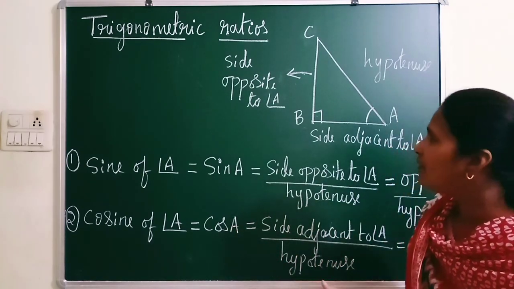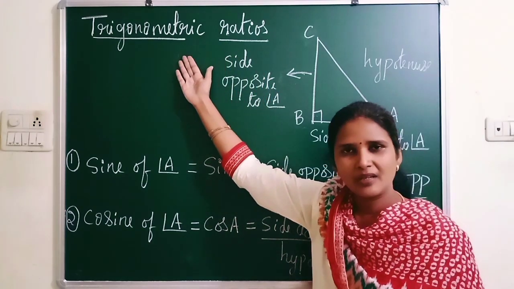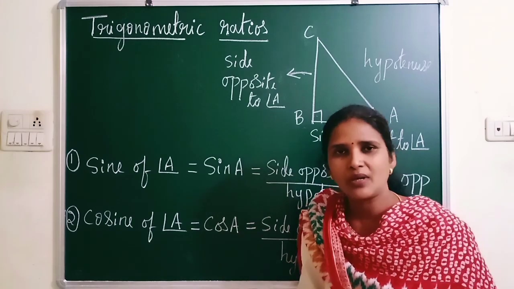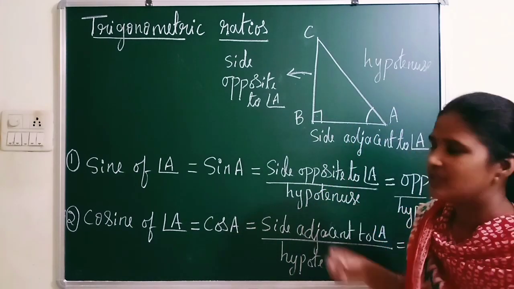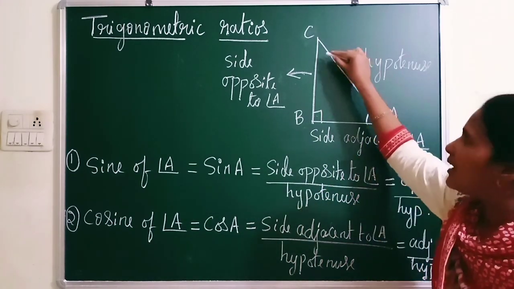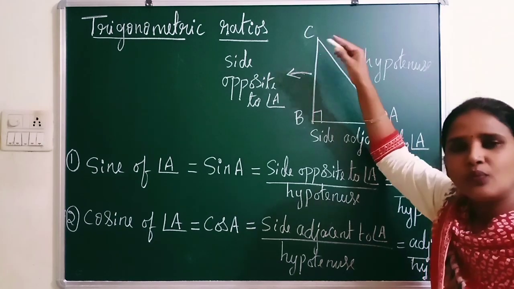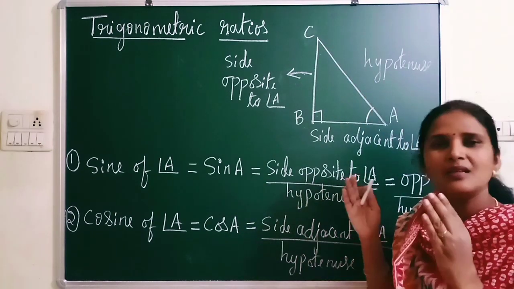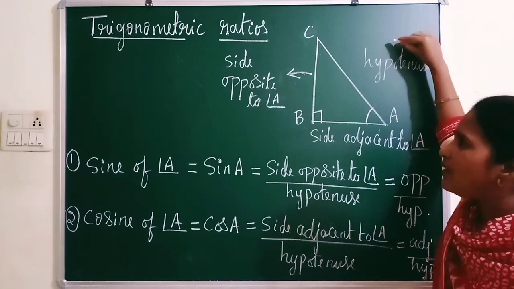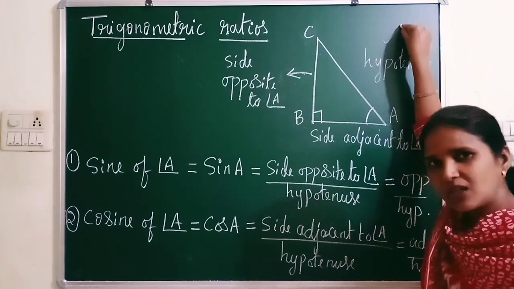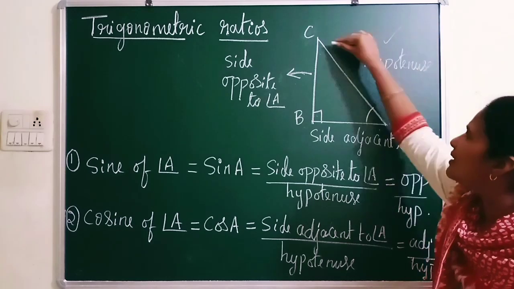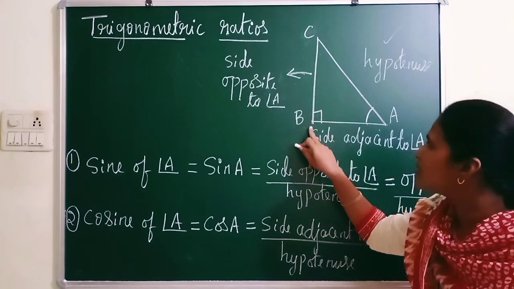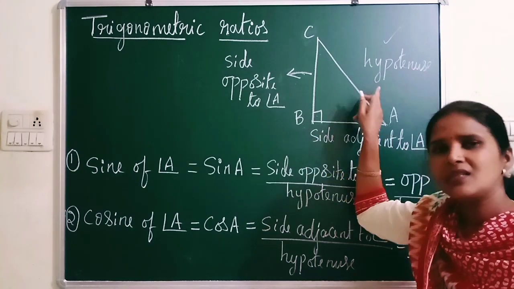So remember always, whenever we are finding trigonometric ratios, we are finding the ratios with respect to an acute angle. Here I have 2 acute angles, angle A and angle C. With respect to the acute angle, we have to fix the sides. Whether in the Pythagoras formula or in this case, this remains the hypotenuse itself. That is, the side opposite to the 90 degree angle is always the hypotenuse.